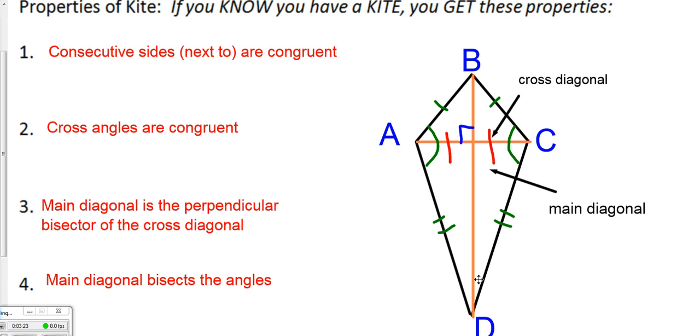This half of it is way longer than this one. But the cross diagonal is exactly cut in half by the longer one. So the main diagonal is the perpendicular bisector of the cross diagonal. The main diagonal also bisects the angles that it goes with. So this angle is the same as this angle, and this angle is the same as this angle.